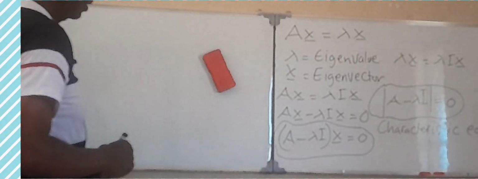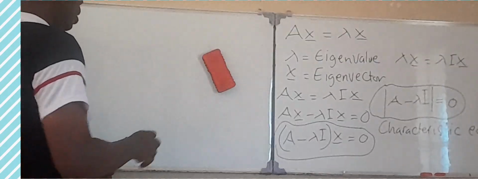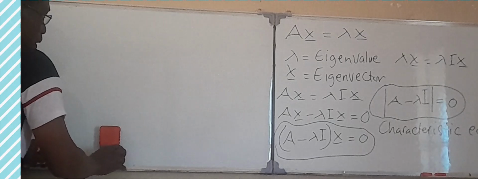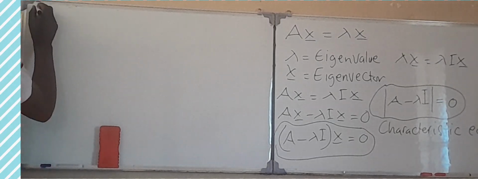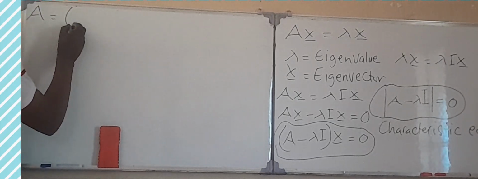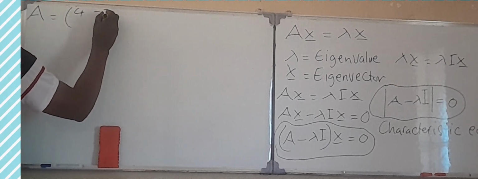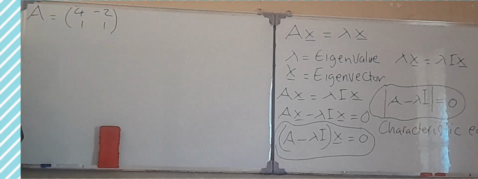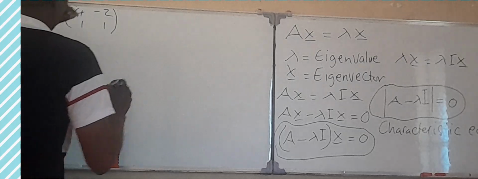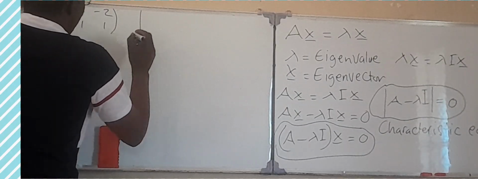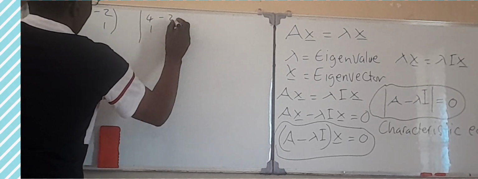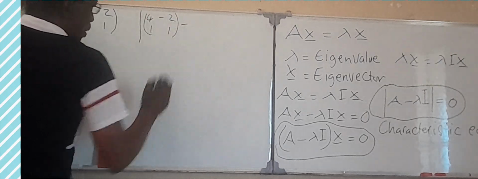Now let's see where the rubber meets the road. Let's take a specific example and see how we can use all this information we got so far. Now, supposing our matrix A is equal to, let's say, 4, minus 2, 1, 1. First of all, let's set up our characteristic equation. The characteristic equation says the determinant of matrix A, 4, minus 2, 1, 1, minus the identity.